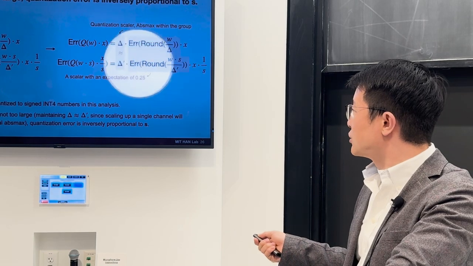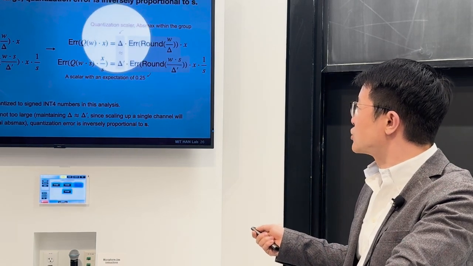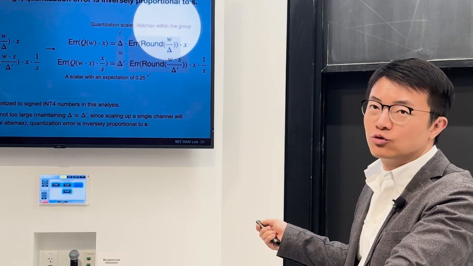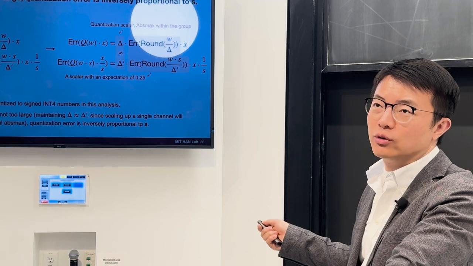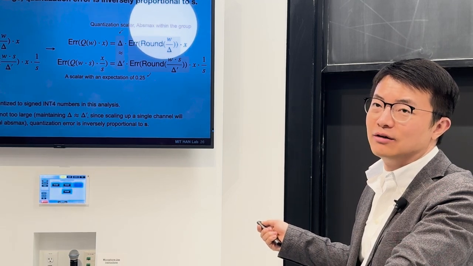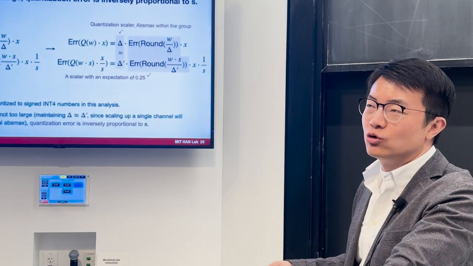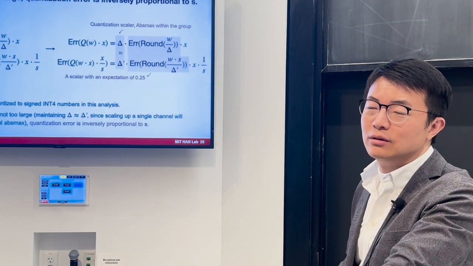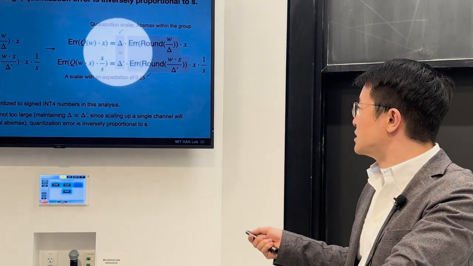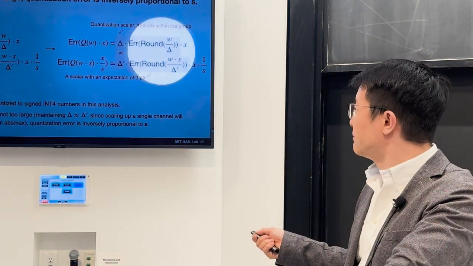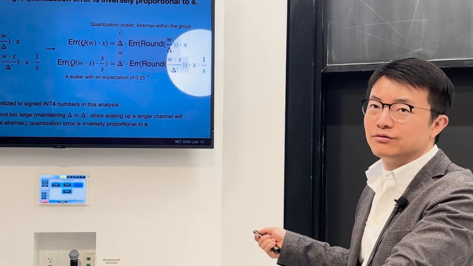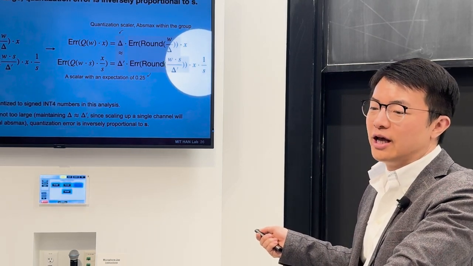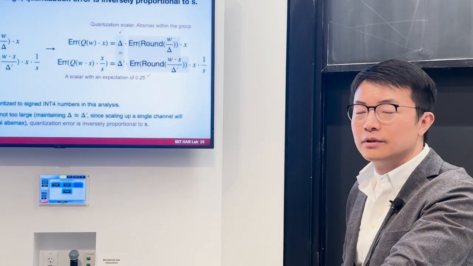So plug in this equation. This ABS max within the group stays roughly the same, since you're only scaling up 1% of the channels. It's very unlikely you are scaling up the biggest channel. So this delta roughly stays the same, and only s is different, so a larger s will reduce the error.